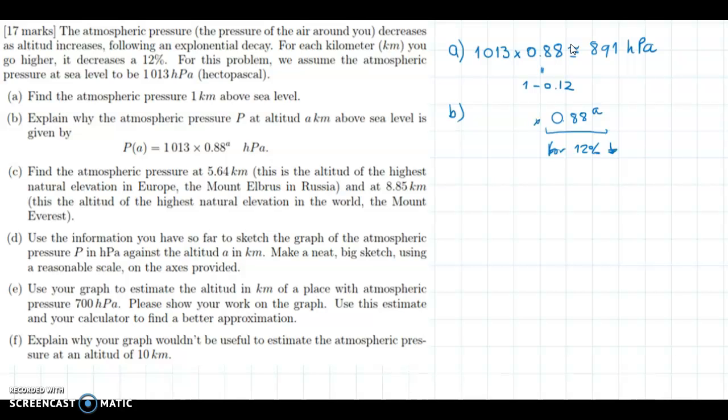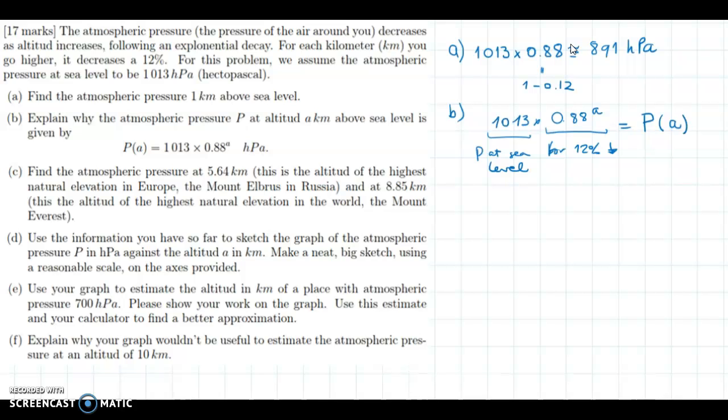And then we need to have a starting point for this exponential function. We need to know what is the pressure when we are at sea level, so when A is equal to 0, and that's given in the problem as 1013. So this is P at sea level. This is how we make the function that tells us the atmospheric pressure in terms of the altitude in kilometers.